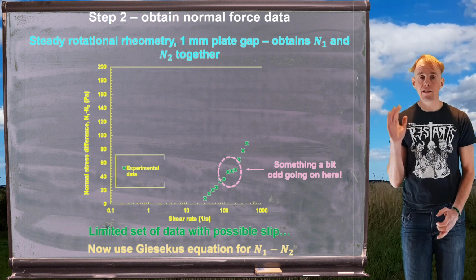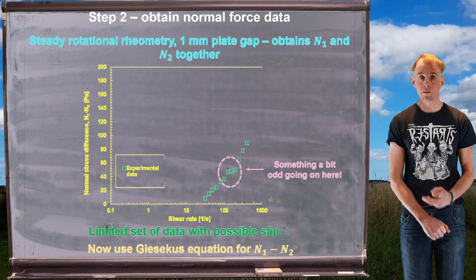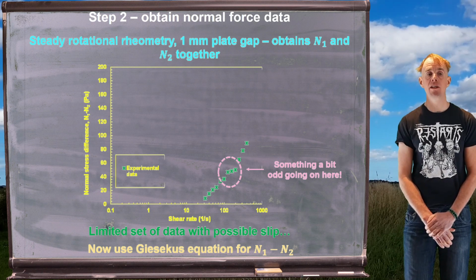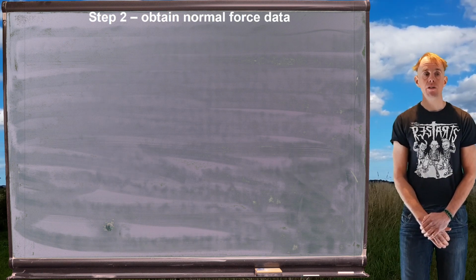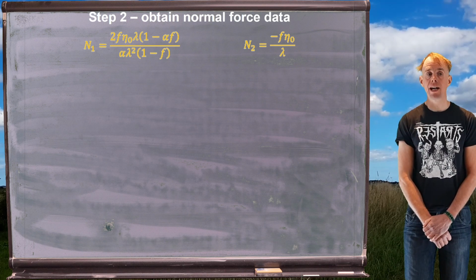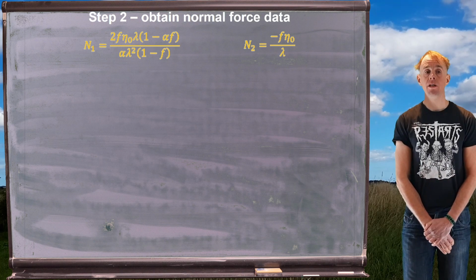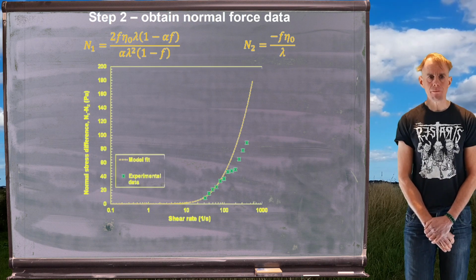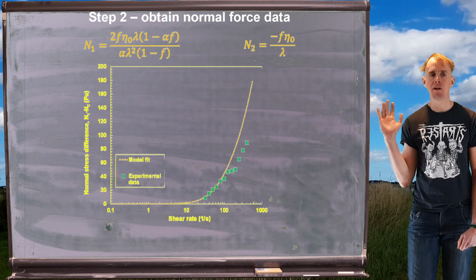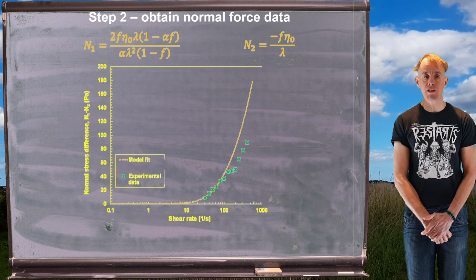So, using the data that we've got, let's see how well the Giesekus equation can predict N1 minus N2 for us. So there on the board I've put the Giesekus expressions for N1 and N2. Note again these do not include the solvent contribution, and there on the board now I have put a plot of the experimental data and a plot of the theory.